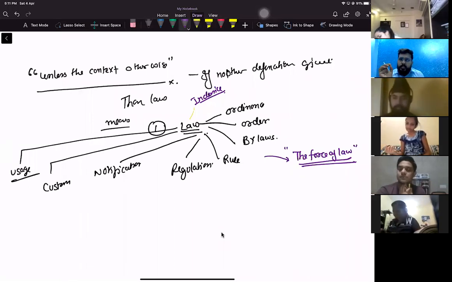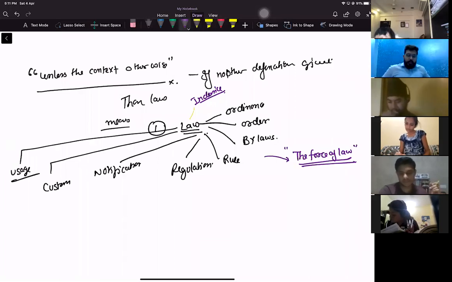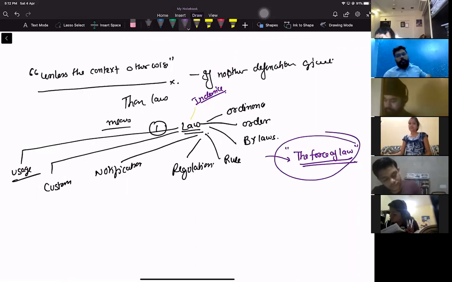But each custom, each usage, regulation, bylaws will not be law. These ordinances, these regulations, these orders, when it says orders, it means administrative orders, it means executive orders. Anything can become law for the purpose of Article 13 if it has the force of law. And this is the important suffix, the words force of law.